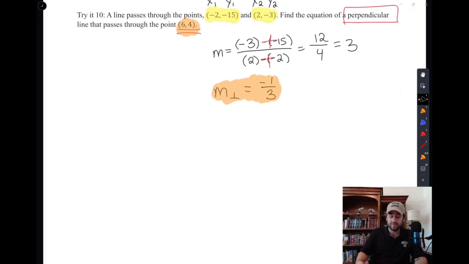And so I can use my formula of y minus y1 equals m times x minus x1. And so I'll just plug in those points. Y minus 4 equals negative 1/3 x minus 6.